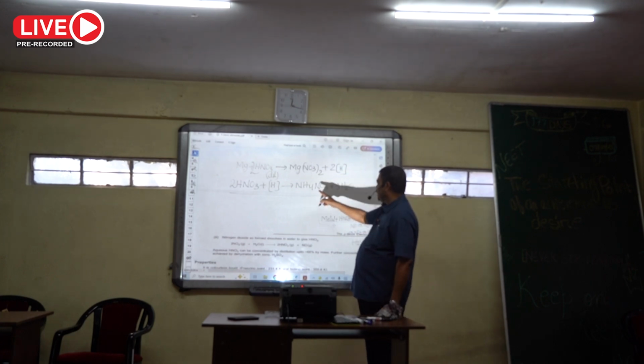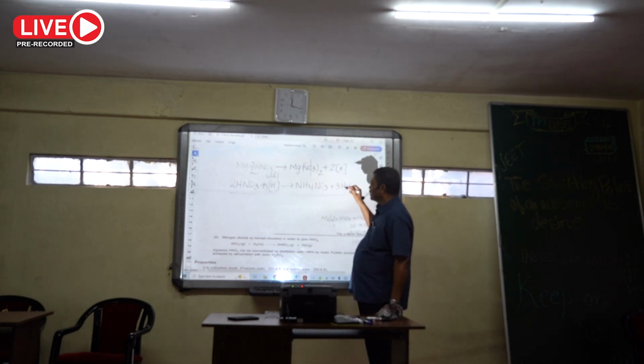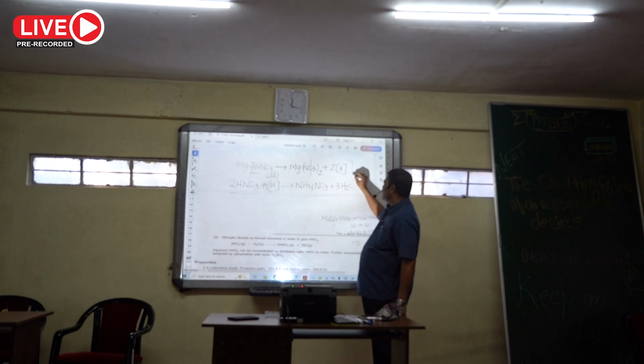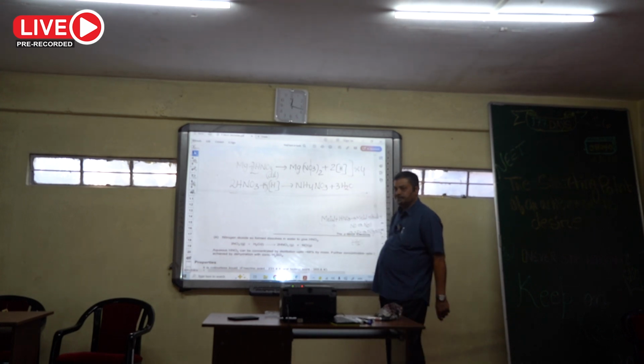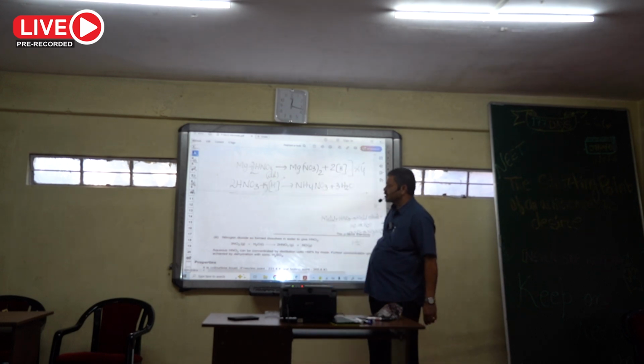Then hydrogens become 10 here, so write 8H. 8H means the first equation should be multiplied by 4. So the 8H cancels.